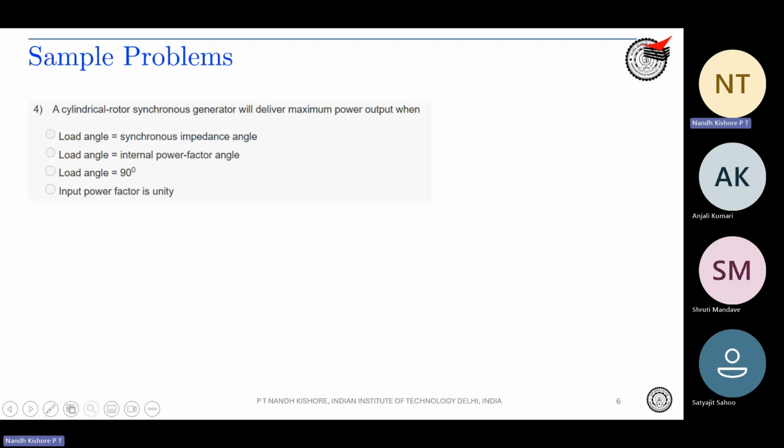What is the answer for this question? Option C. Why? Sir, load angle is equal to the impedance angle.